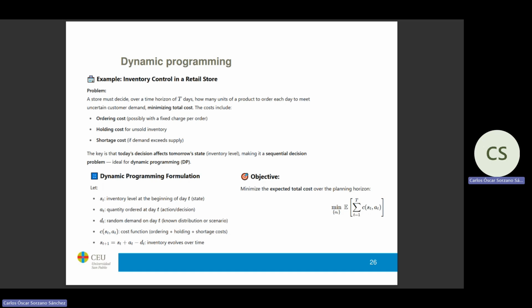So let's say that a store must decide over a horizon of T days how many units of product to order each day to meet the customer demand. But this customer demand is uncertain, so you don't know how much of that product will be demanded every day.